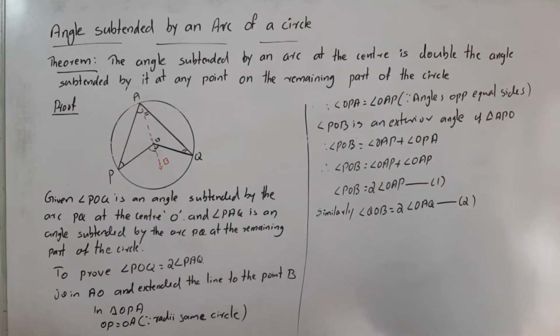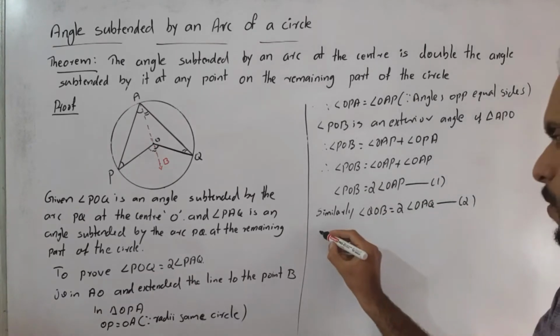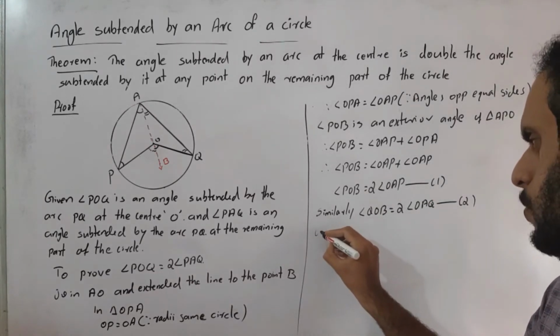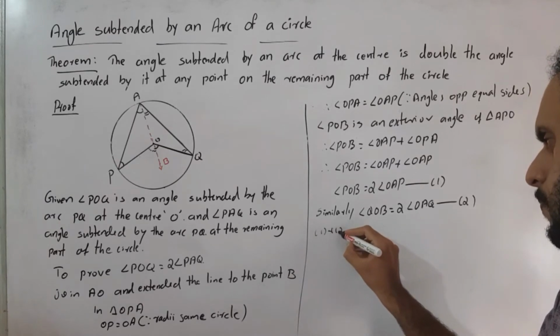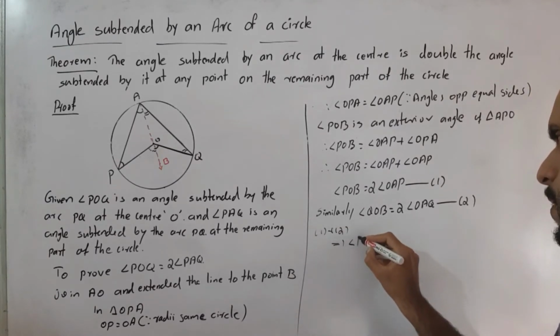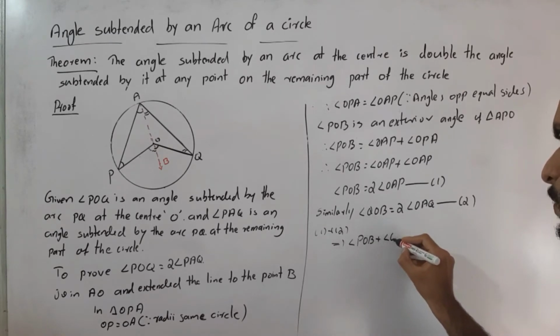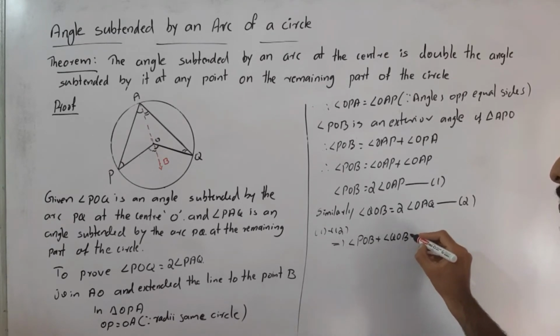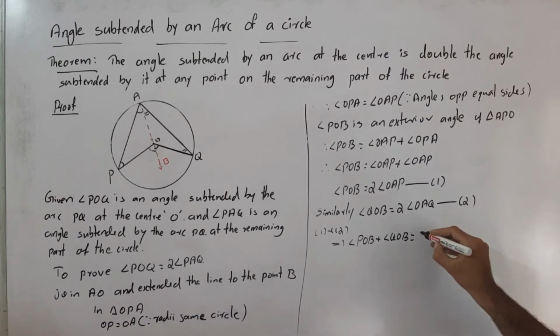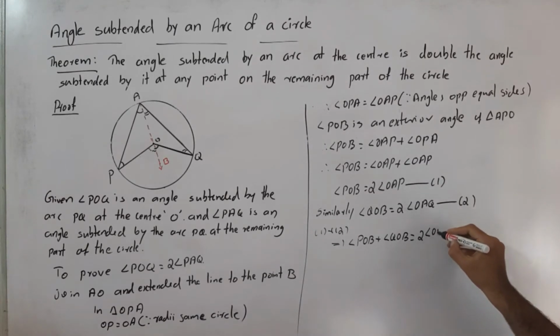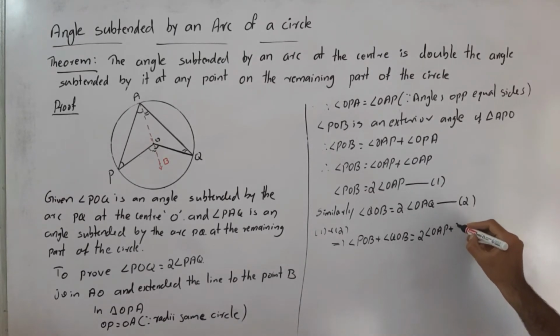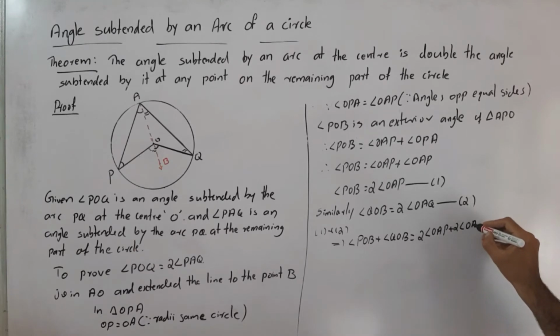For getting that, we add equation 1 and 2. So 1 plus 2 implies angle POB plus angle QOB is equal to 2 angle OAP plus 2 angle OAQ.